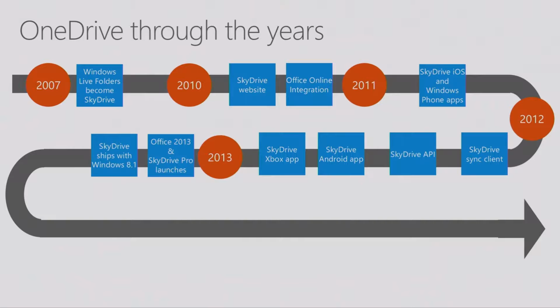We also did a really innovative integration with Windows 8.1, which made it possible for you to browse all of the files in SkyDrive without having to download them, without having to sync them. This is a feature that we talked a little bit about yesterday in Jeff's keynote, and are really excited to bring to Windows 10. In 2014, we rebranded SkyDrive to OneDrive.